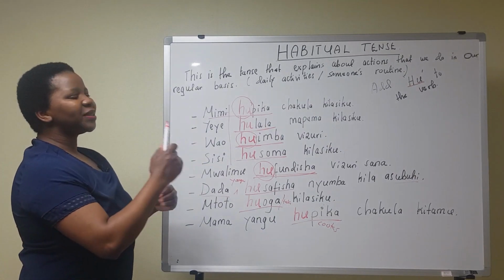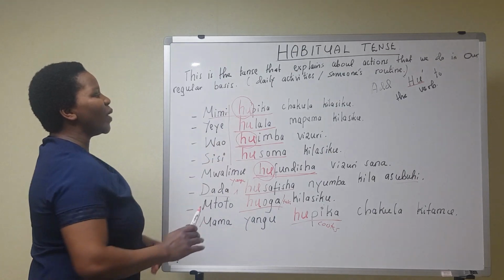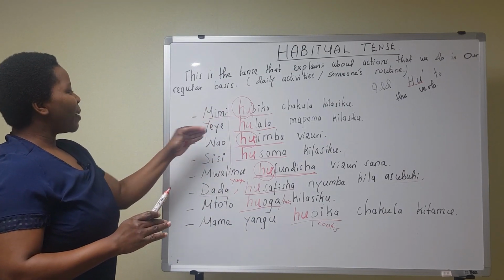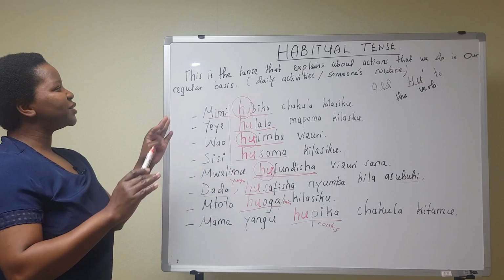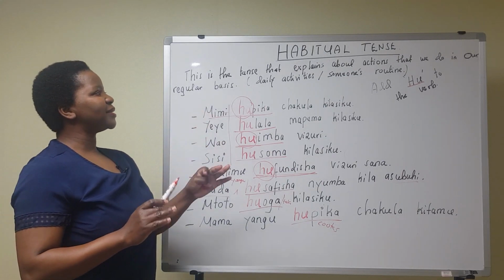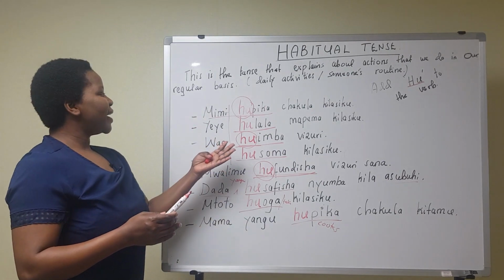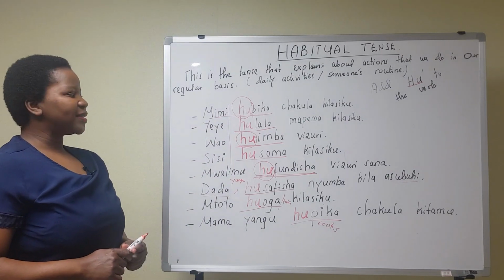So we use the tense marker "hu" with every personal pronoun.